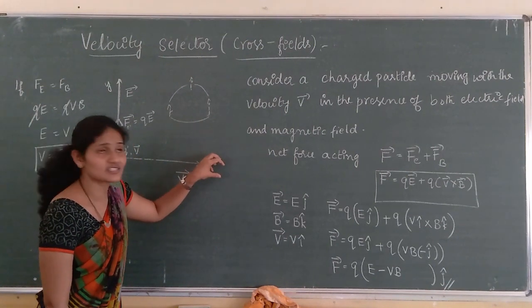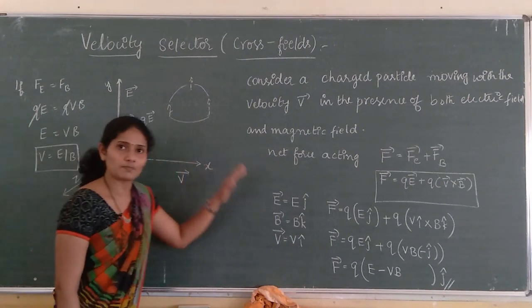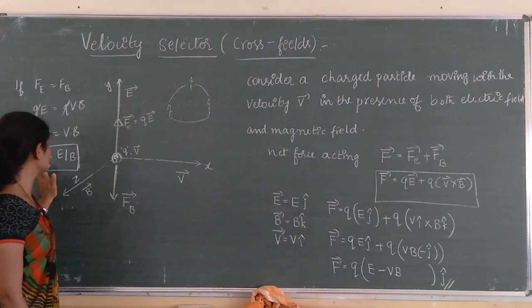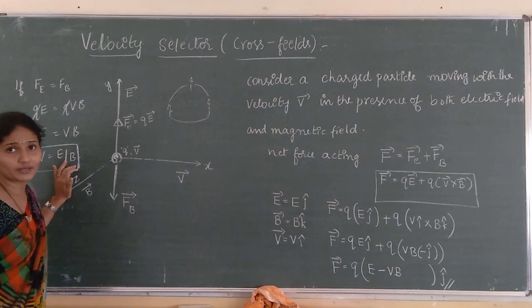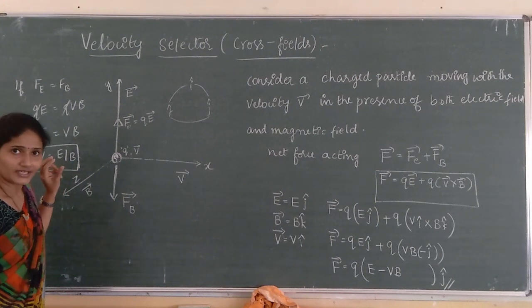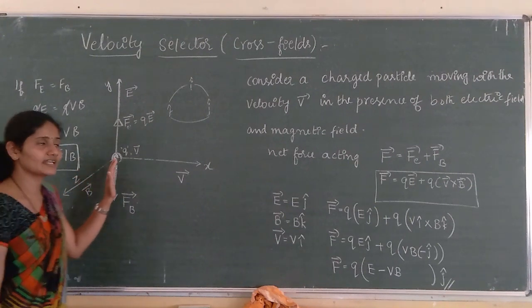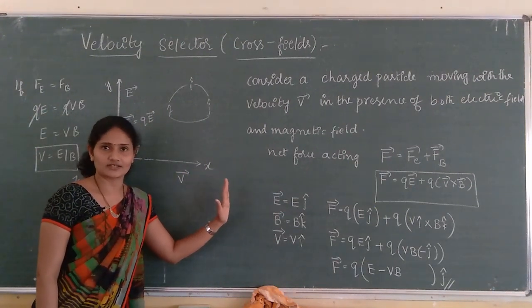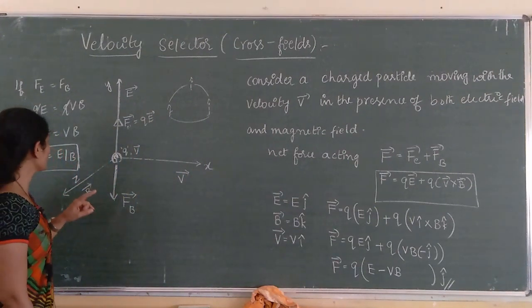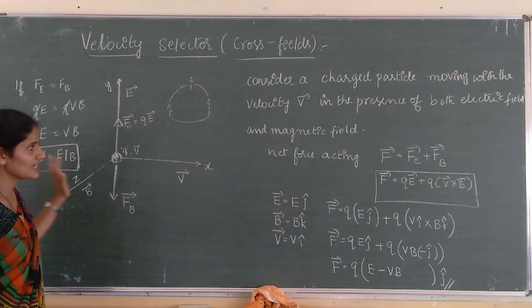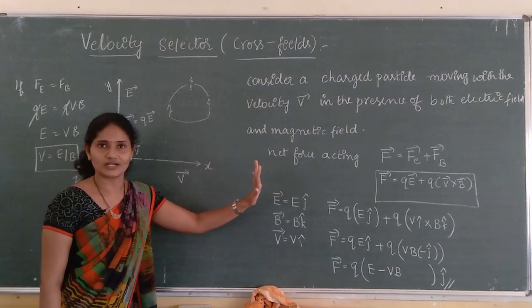We wanted this charged particle for some purpose. If the velocity of the particle is equal to E by B, then it will go undeflected. If velocity of the charged particle is not equal to E by B, then it will not cross the field.